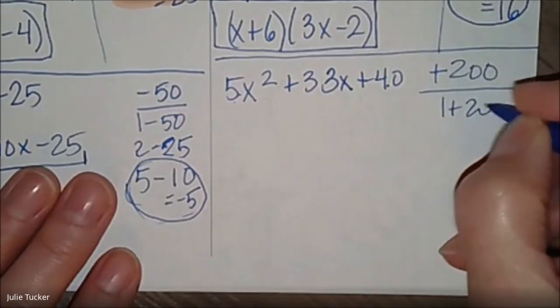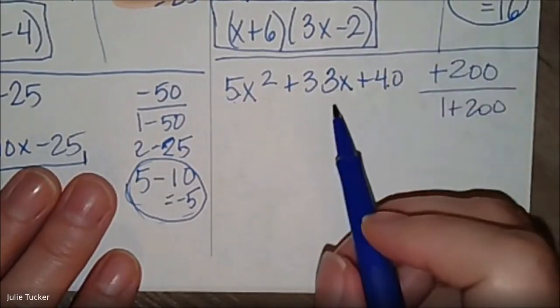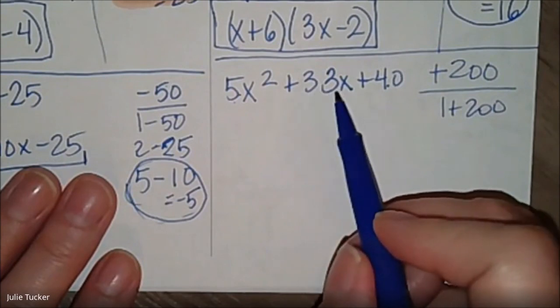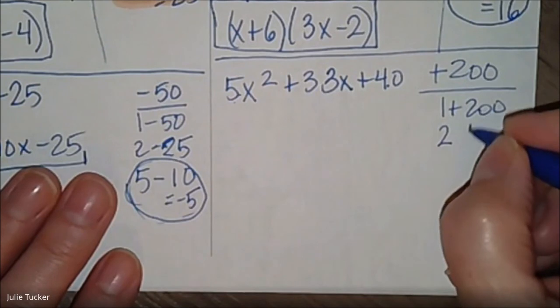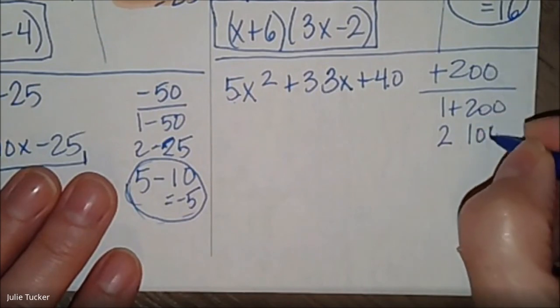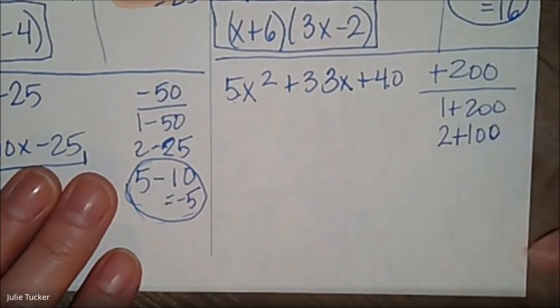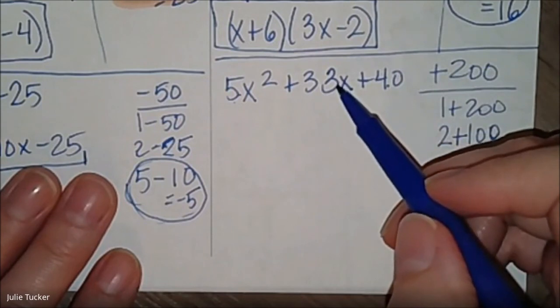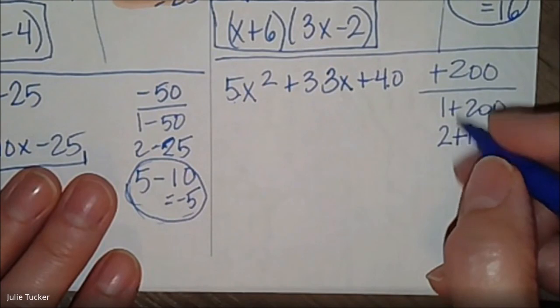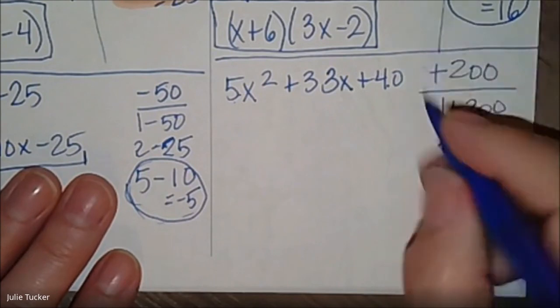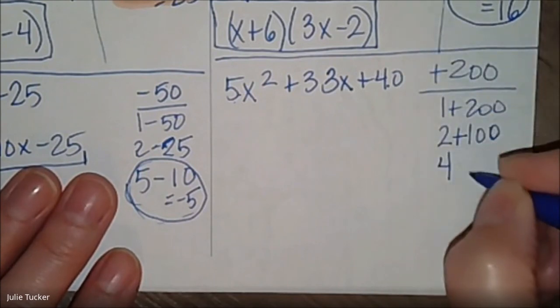So 1 plus 200 would be 201, and that is not 33. 2 times 100 gives you 200, and 2 plus 100 is not 33. 3 won't divide into 200. 4 is the next number you can use.